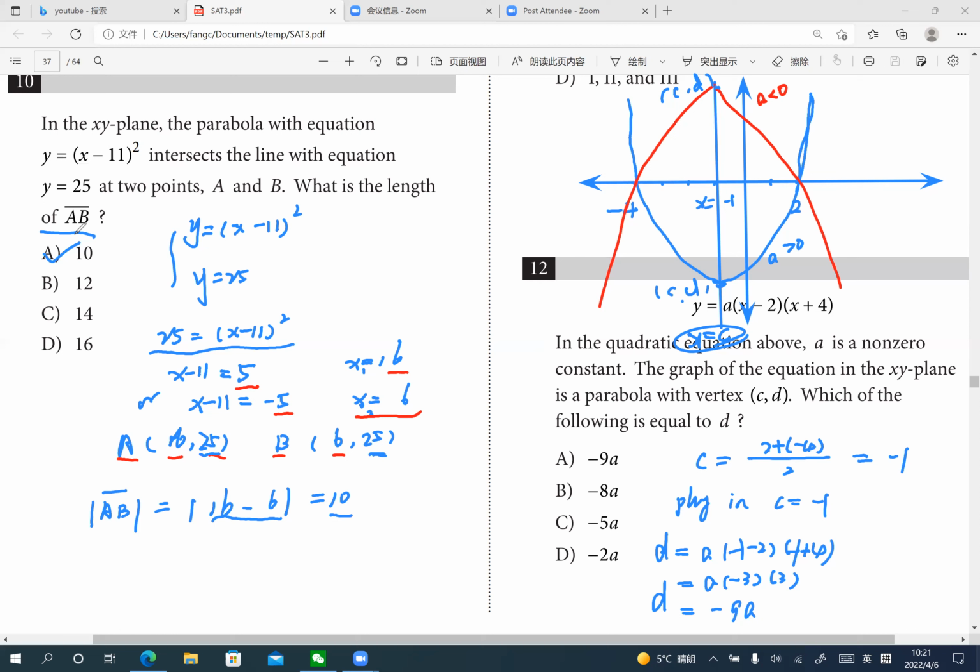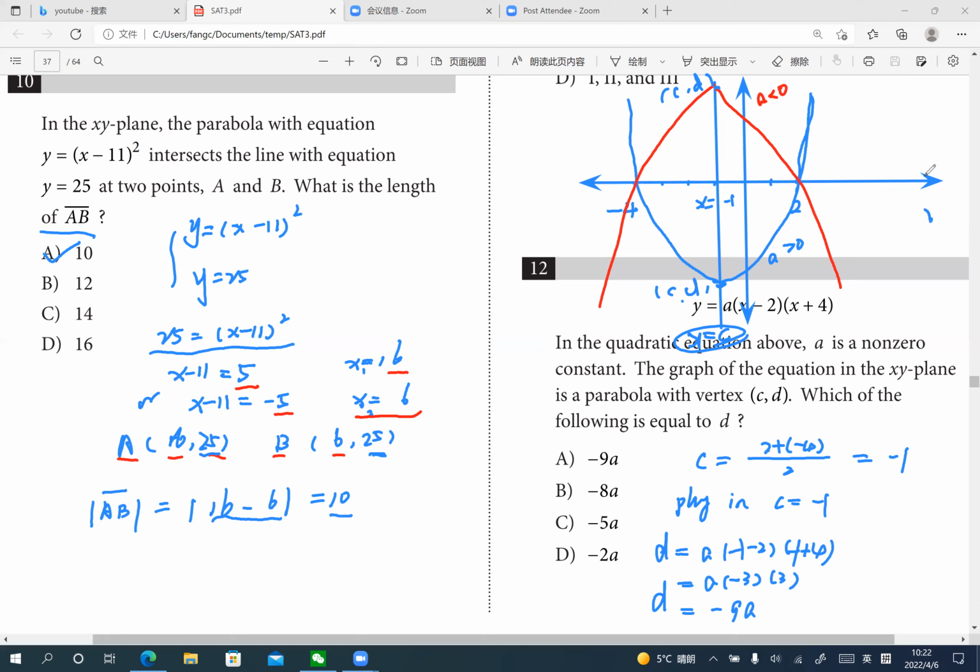Question 12. In the quadratic equation above, a is a non-zero constant. The graph of the equation in the xy plane is a parabola with vertex (c, d). Which of the following is equal to d? I graphed the quadratic equation above.